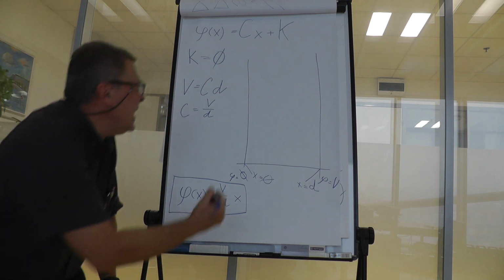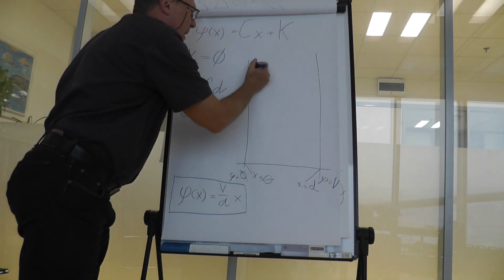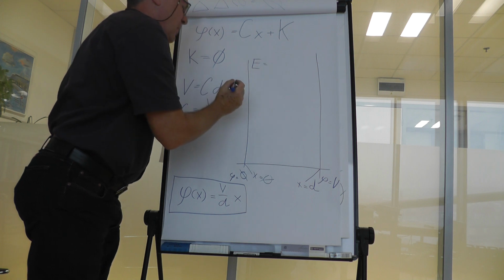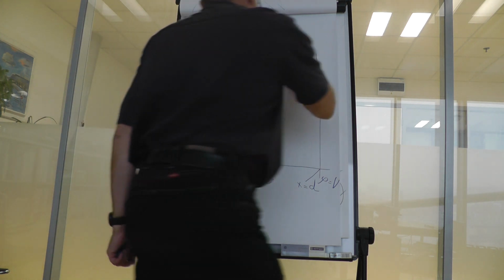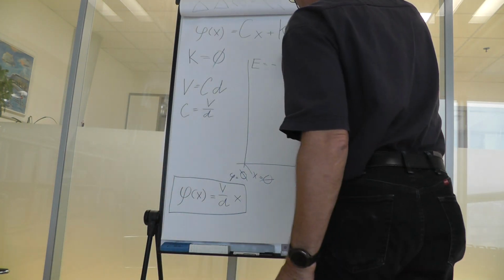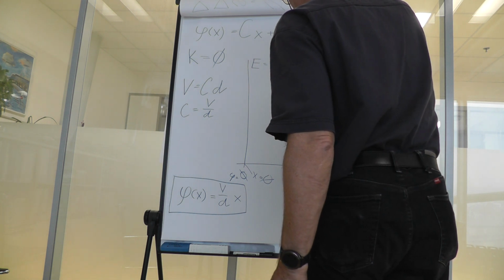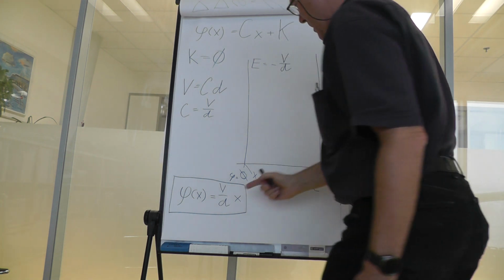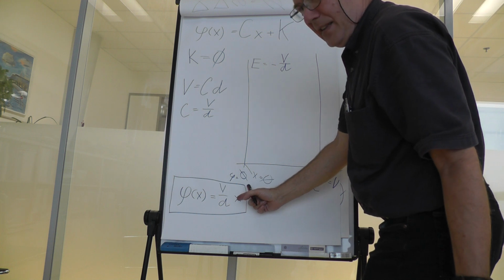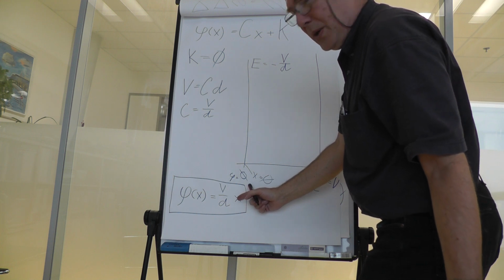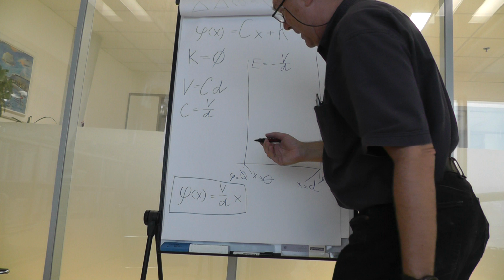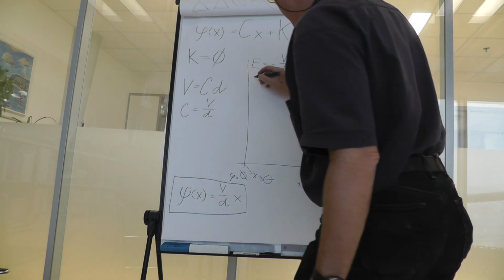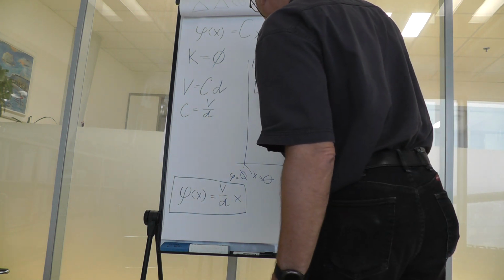So we have E equivalent to minus v over d. We derived against x, obtained 1 unity, and then the flux density would be D.